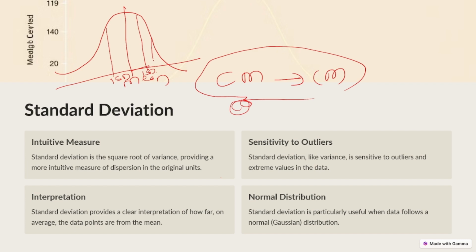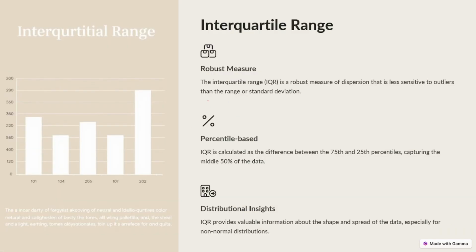This is the second standard deviation, this is the third standard deviation. We can say how far these data points are from the mean: two standard deviations away, three standard deviations away. If some points go beyond this side, you can say these are the outliers.